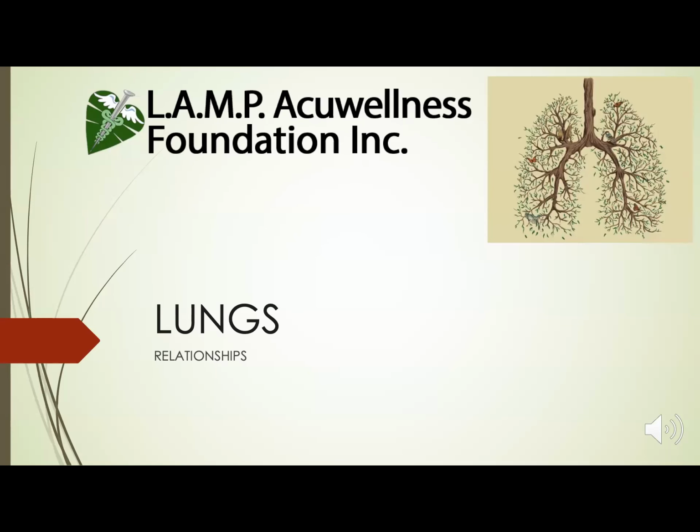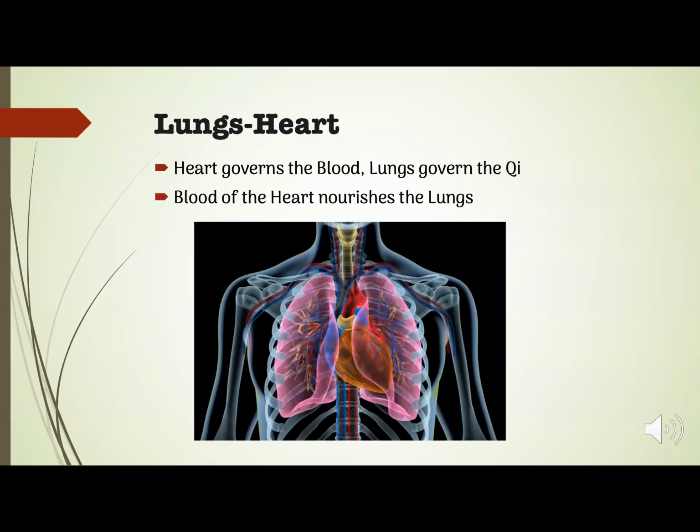Still on the Zangfu organs, after we discussed functions, let's go to lung relationships. The relationship between the lungs and the heart: heart governs the blood, lung governs the qi. Blood of the heart nourishes the lungs.